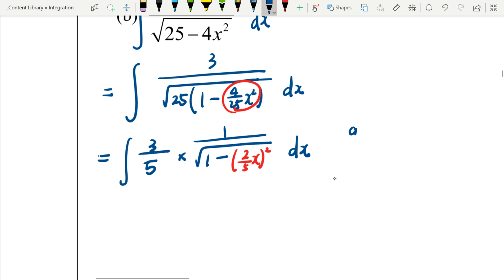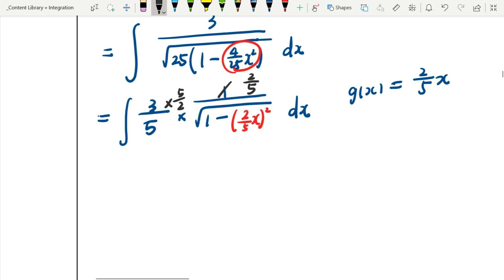So now I know my g(x) equals 2 on 5 x. So what must my g dash x be? 2 on 5. So therefore, I will change this top to 2 on 5. But I just can't times something on top of it. I need to times 5 on 2 on it as well, because I can't just times on 2 on 5, I need to also times 5 on 2 to make it back to 1.